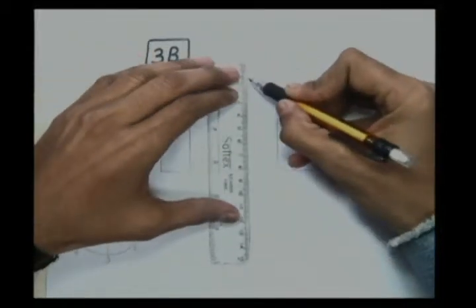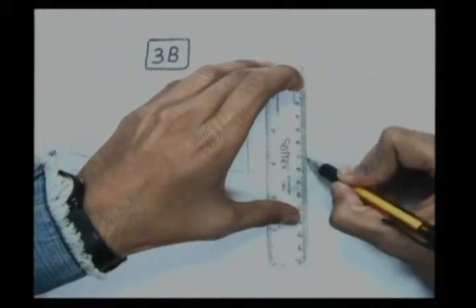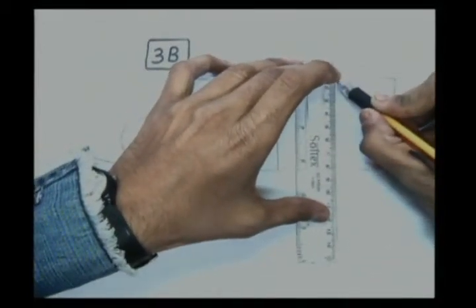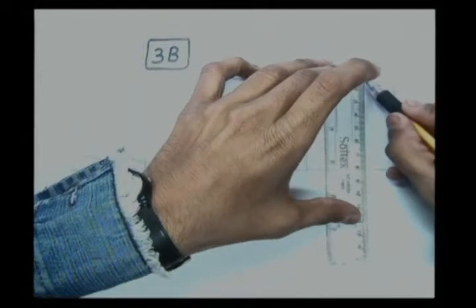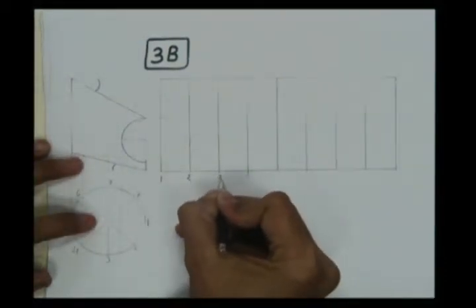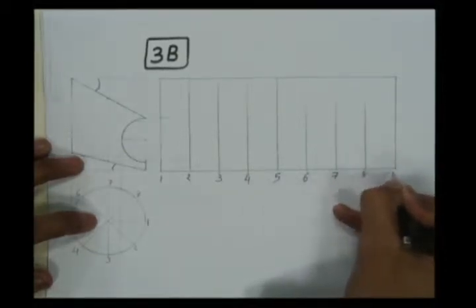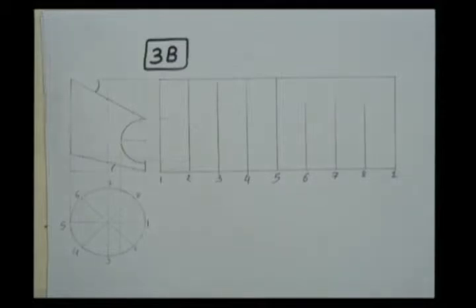So that is the 8 equal division of the developed portion of the cylinder's lateral surface, like this, and name each point from 1 to, this is point number 1, 2, 3, 4, 5, 6, 7, 8 and back to 1. In examination you can use a ball pen, but in a drawing you should use pencil only.